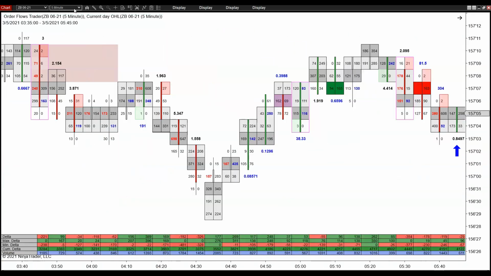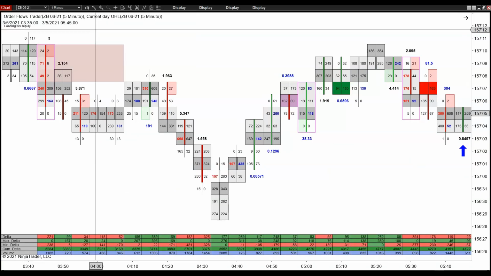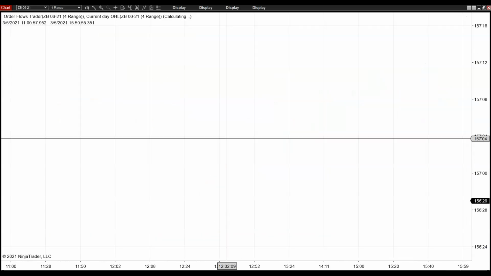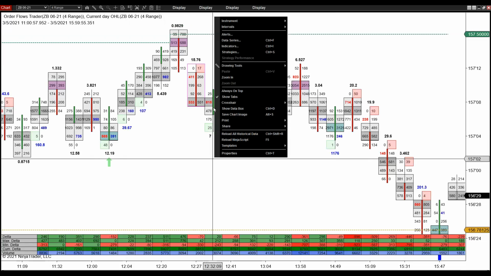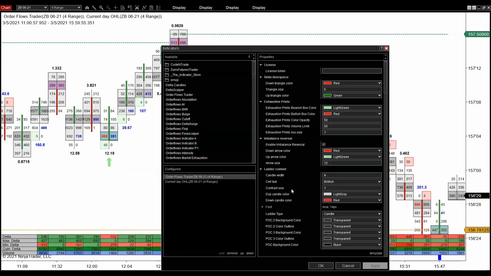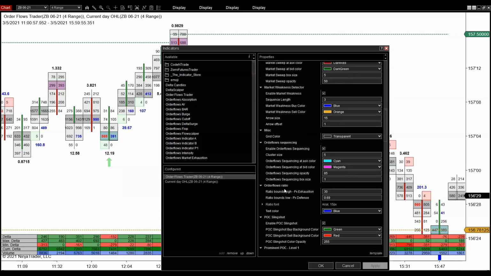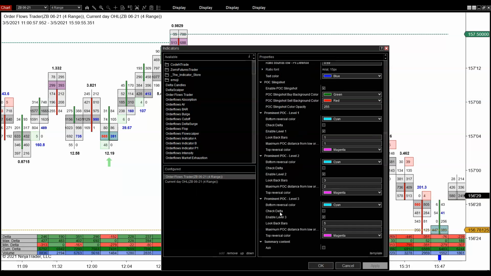Let me just change this to a 4-range chart really quick, as opposed to a time-based chart, because really when I look at bonds, I'm looking at 4-range charts. Now again, if you're on a 4-range chart, you only got 5 price levels, so I'm not going to use the third prominent point of control.